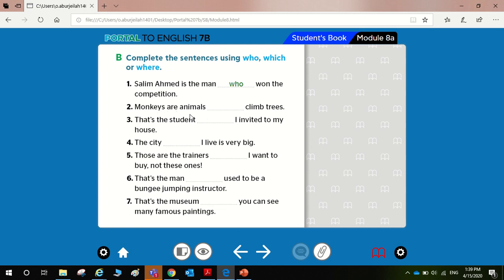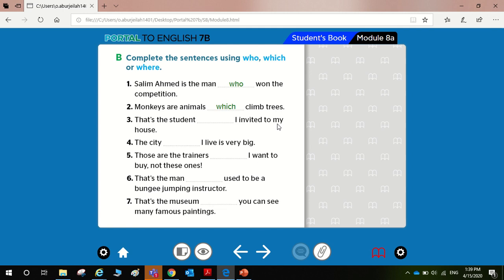Monkeys are animals. Animals and things and ideas. I use who or which or where? Yes, which. That's the student. Student is a girl or a boy, so student is people.